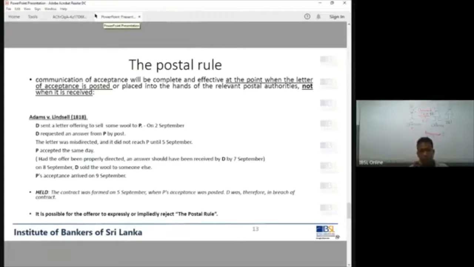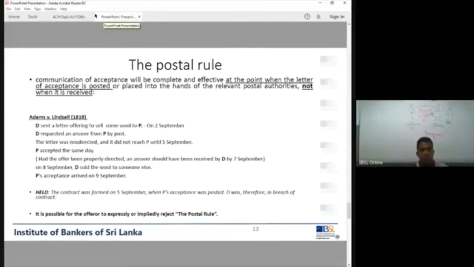The principle is called the Postal Rule. Now, all the students, you must remember very thoroughly, this Postal Rule applies only to the acceptance, nothing else. That is the first thing you have to remember.